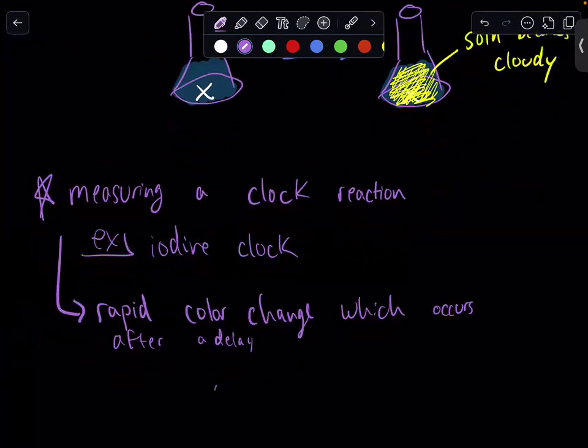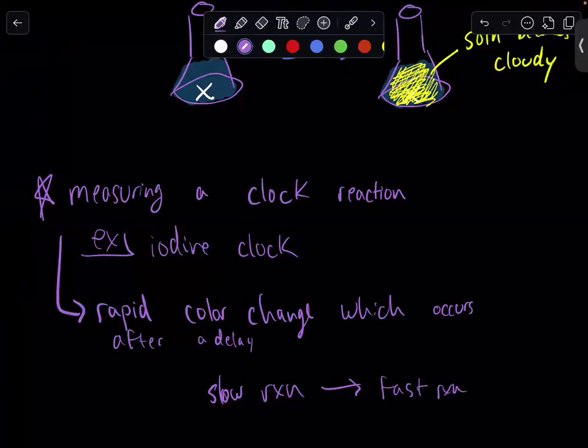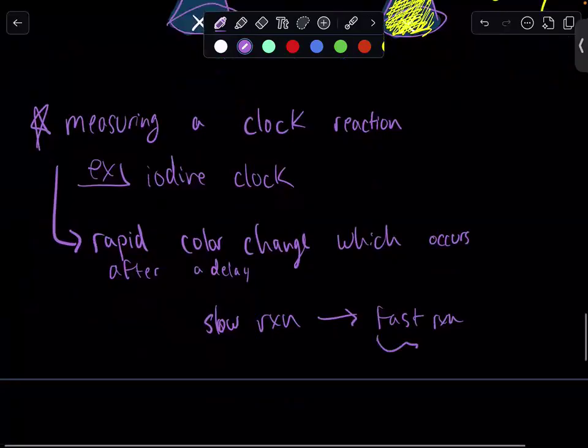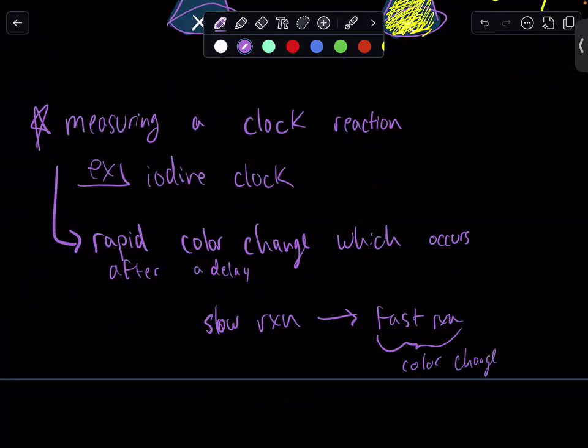Generally, you have maybe a slow reaction, which leads into a fast reaction. And this fast reaction is where the color change occurs. What we're really doing is measuring the slow reaction by timing it.